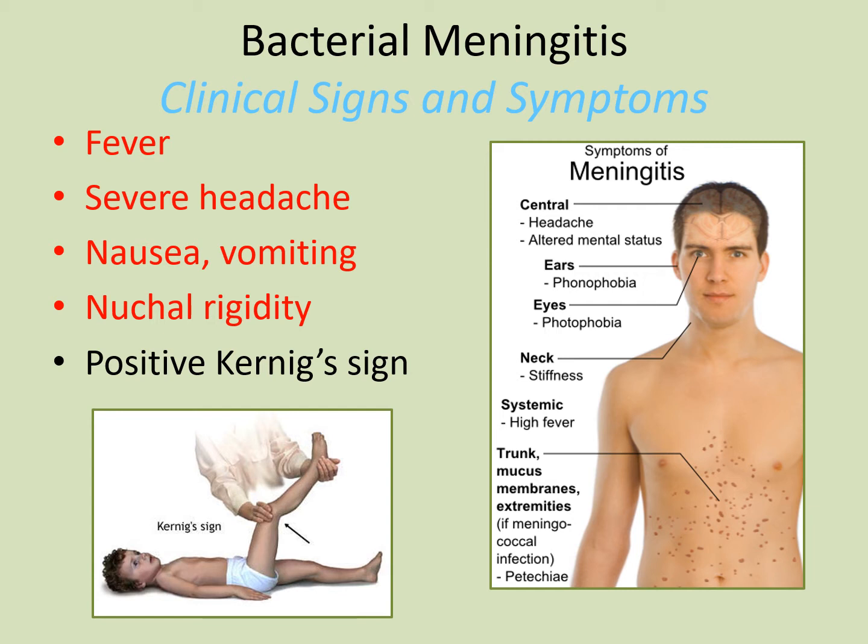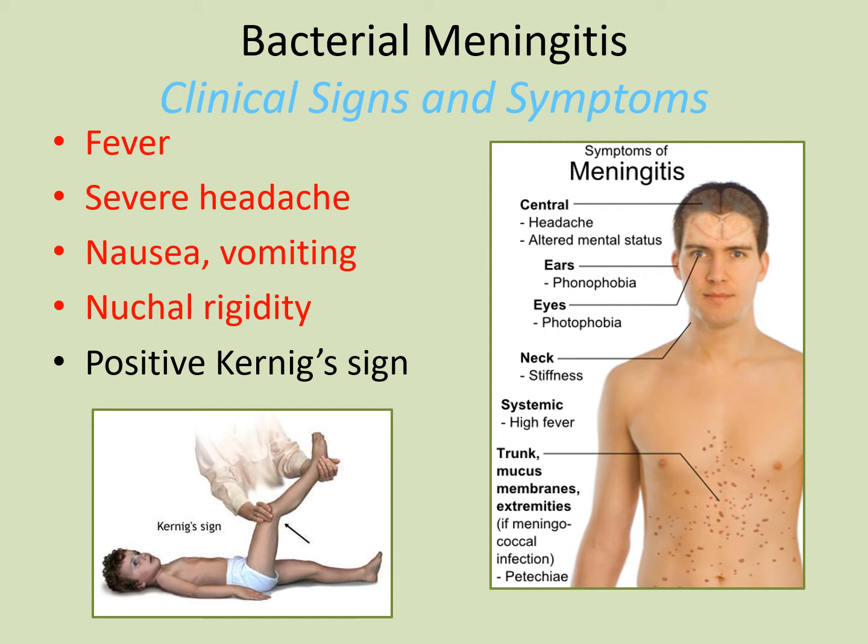And the other picture on this slide tells some of the other type of symptoms that can be present when a person develops meningitis. And so on that list, you can also see the photophobia and phonophobia, meaning that the patient is sensitive to light and sound.